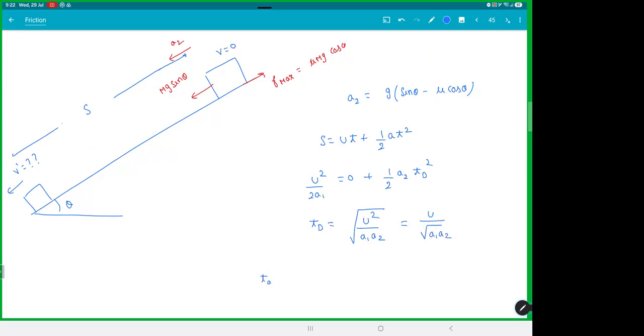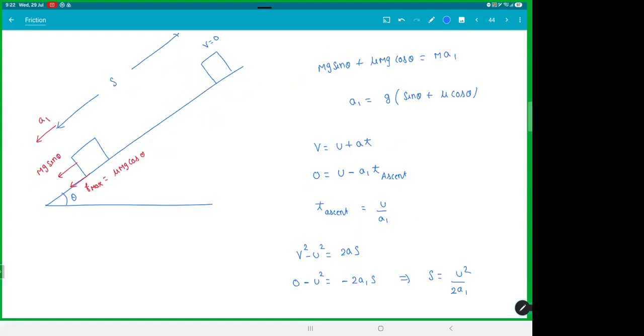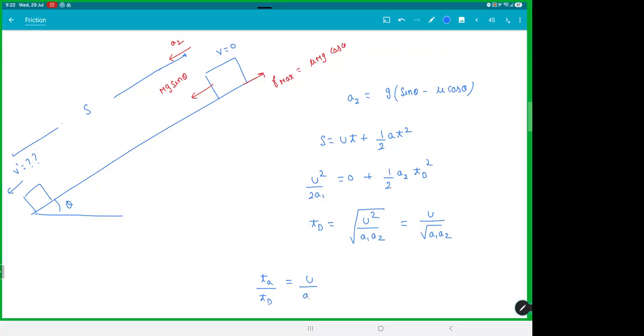You are asking for the ratio of time of ascent by time of descent. Ascent is u by a1. Descent is u by root a1 a2. And this would be root over a2 by a1, which is sine theta minus mu cos theta by sine theta plus mu cos theta. Check your answers. There'll be a root there.